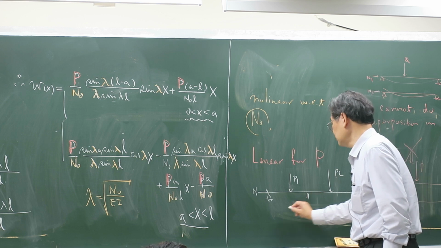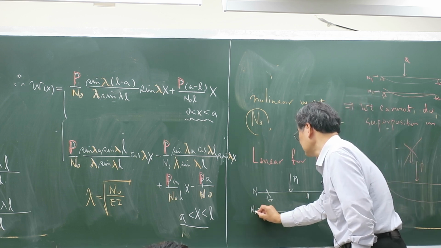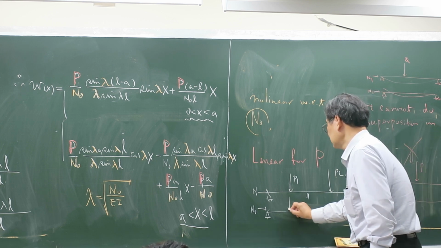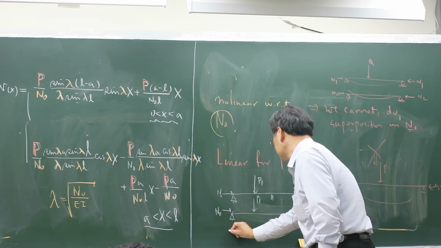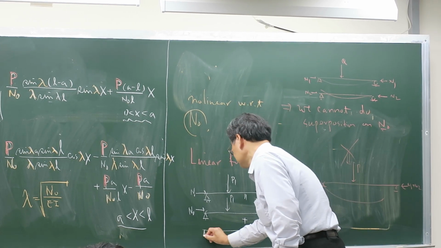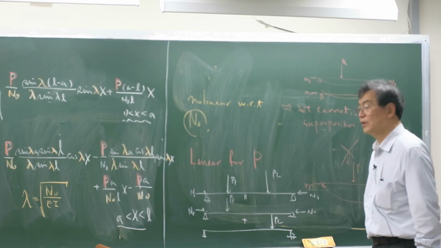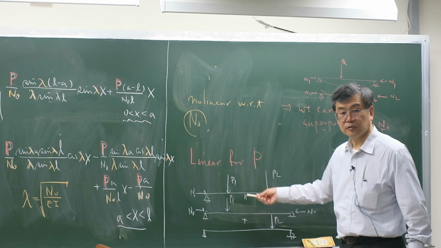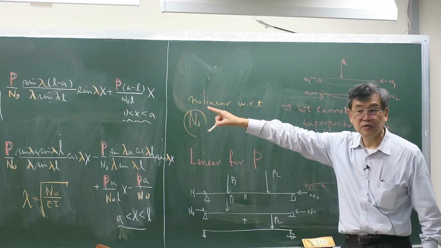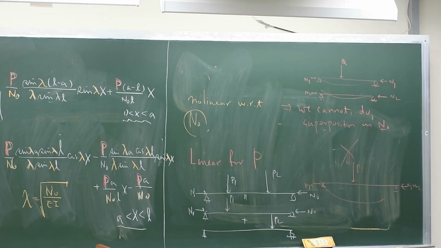So it can be equal to N0, P1 plus P2. So this solution will equal to this solution plus this solution. So P is linear. So the diffraction is linear to the loading P.